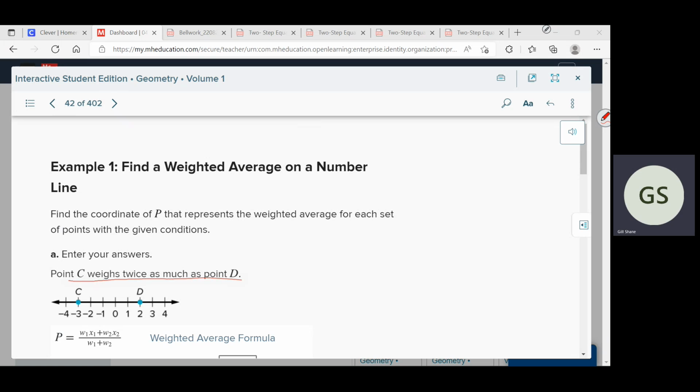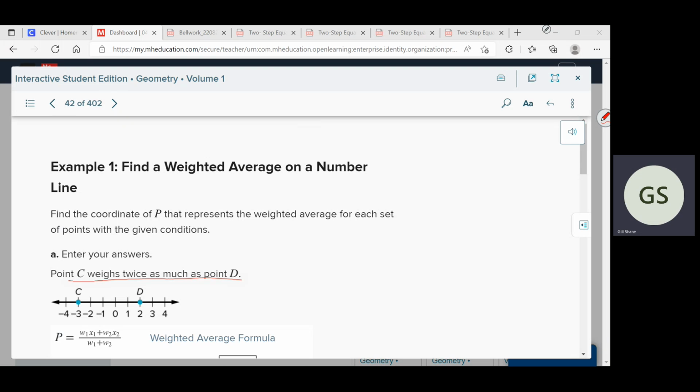What does that mean that the point weighs more? It'll be closer to that point, like what we were just doing with the 50%, it was closer because it weighed 70. That's all it means. Don't get hung up on that word weighs. Remember how I said your classwork grade, whichever one was worth more, whichever one weighed more, it just means it pulls the weighted average toward that number.